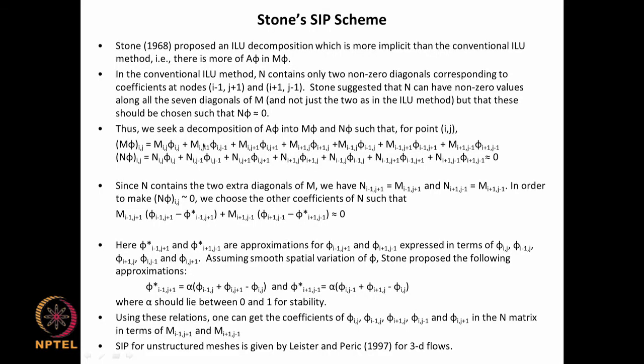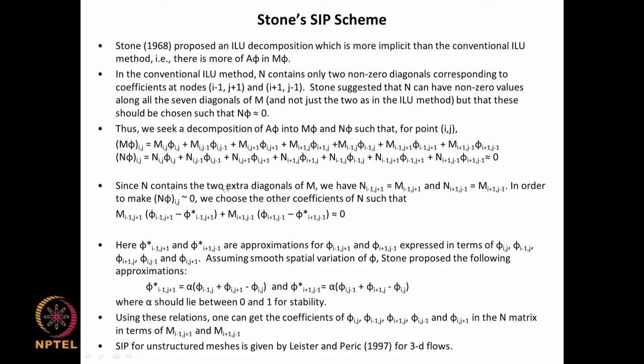So, what does it mean? We seek a decomposition of A phi into M phi and n phi such that for point ij, M phi at ij is a sum of M coefficients times phi at ij, ij minus 1, j plus 1, i plus 1 and so on, and n phi is also having terms in all of them, and this is roughly equal to 0.